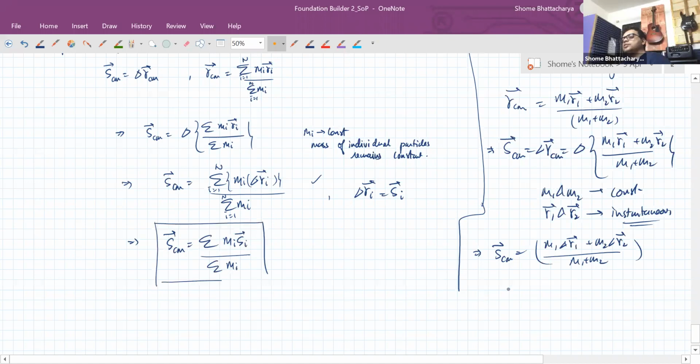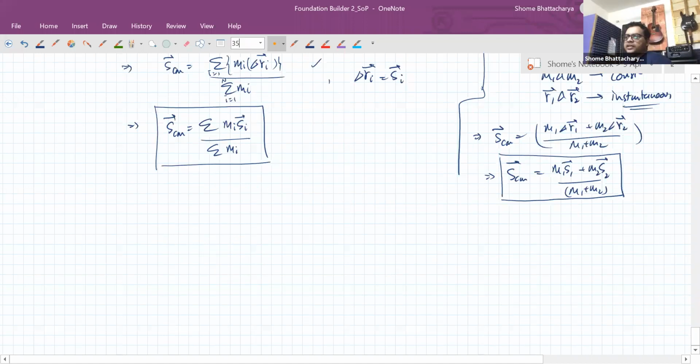Or here, the displacement of the center of mass for a two-particle system is m1 s1 plus m2 s2 divided by m1 plus m2. And you can see if we apply this to our two examples above of the two particles A and B, we'll get the same results which we had got geometrically. So this becomes our first formula in this series of equations that define the motion of the center of mass.